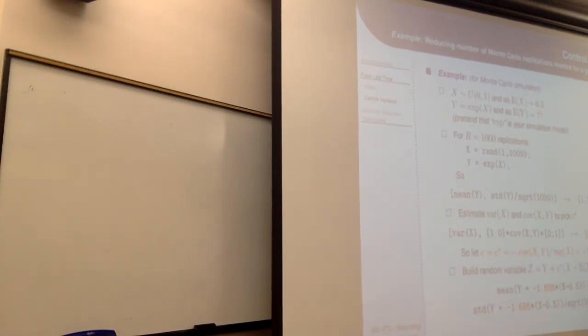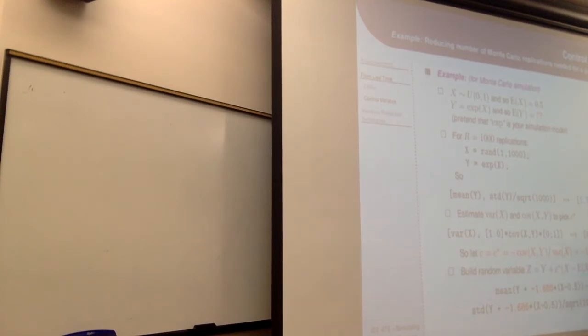If I then calculate the standard error of that mean, using the same 1,000 replicates, I didn't add any replicates, but now my standard error has gone down to 0.002. So I started with 1.7 with a standard error of 0.01, and now I have an order of magnitude difference in my standard error, and I'm expecting 1.7183, so I'm much closer to the expectation.